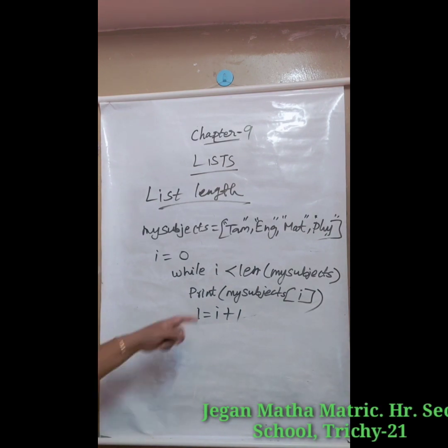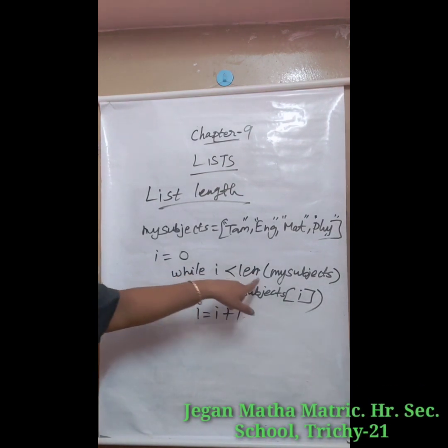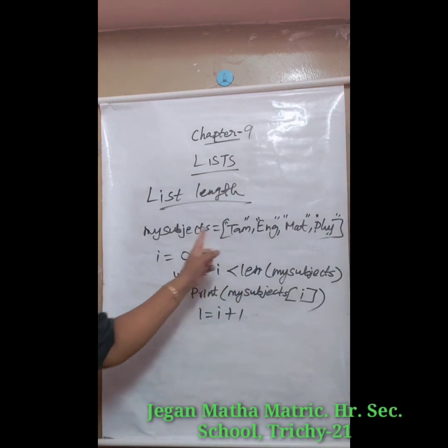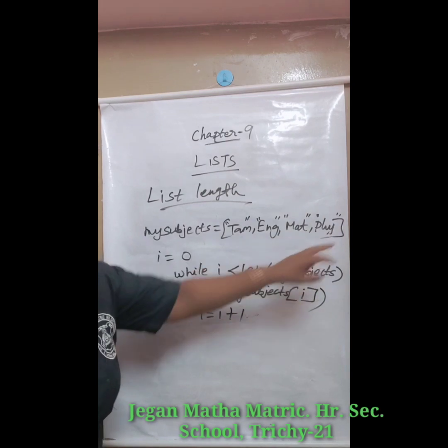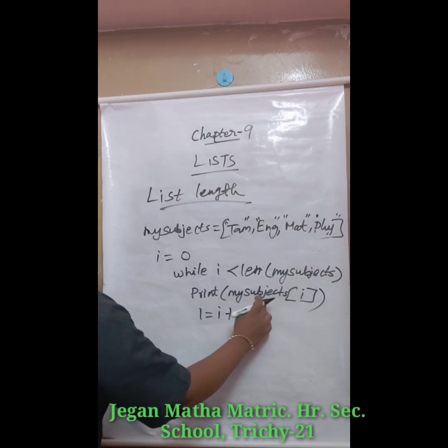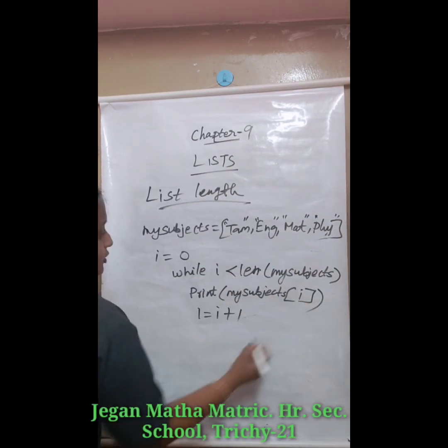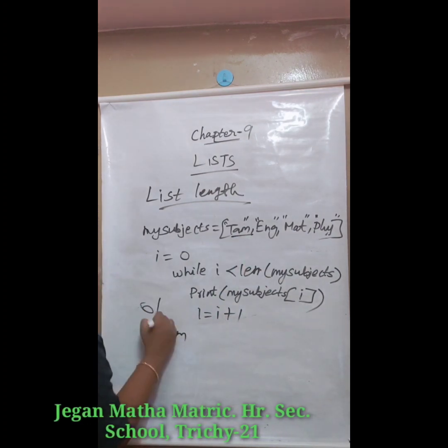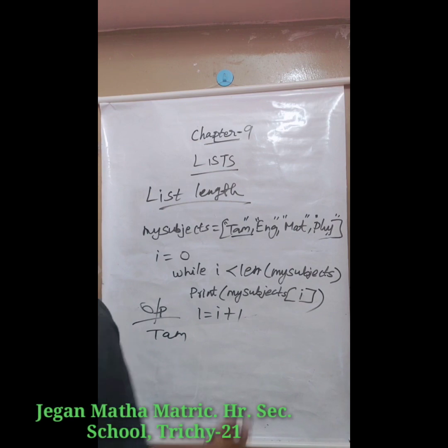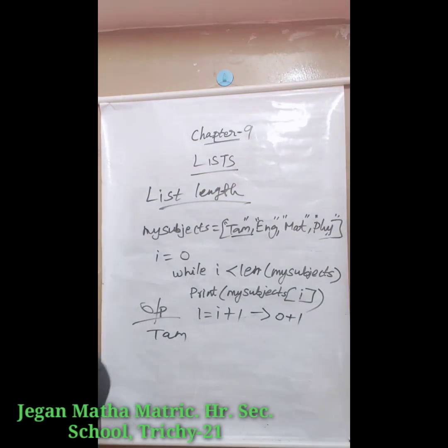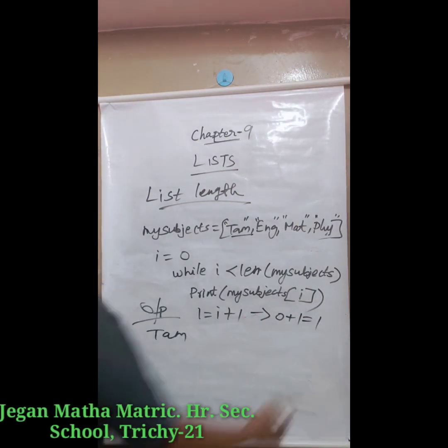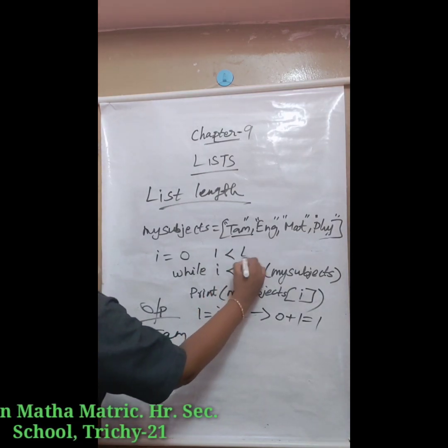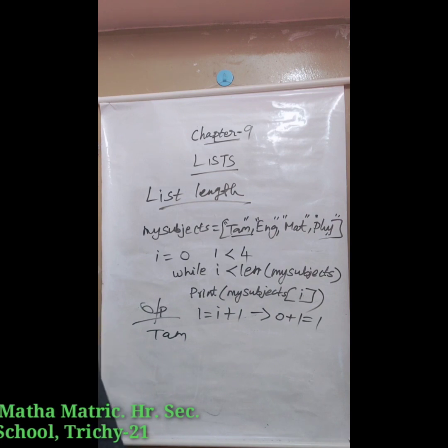Now it starts with 0, and the length of my subjects, it checks the total length, is 1, 2, 3, 4. So my subjects of i, value 0, at present is Tamil. So it produces the output first Tamil. Next 0 plus 1, 1. Here 1 is less than 4, so the condition is true.